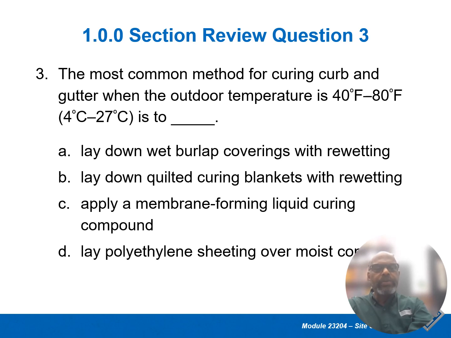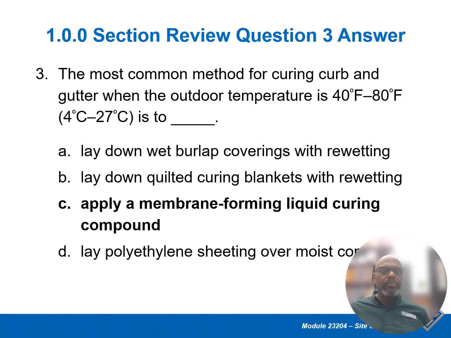Is it to lay down wet burlap covering with re-wetting, lay down quilted curing blankets with re-wetting, apply a membrane-forming liquid curing compound, or lay polyethylene sheeting over the concrete? The answer is C. Apply a membrane-forming liquid curing compound.